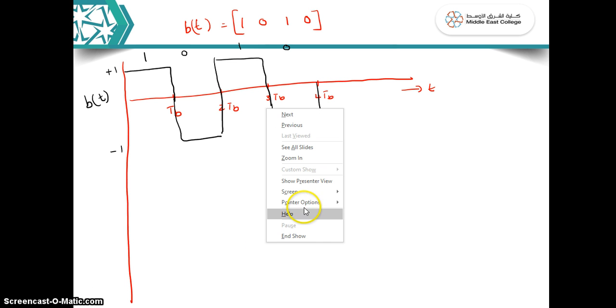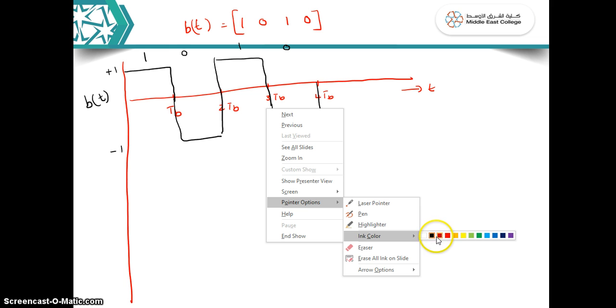Now let me draw the carrier waveform. Remember, when you draw the carrier, it should have an integer number of cycles for each bit duration.